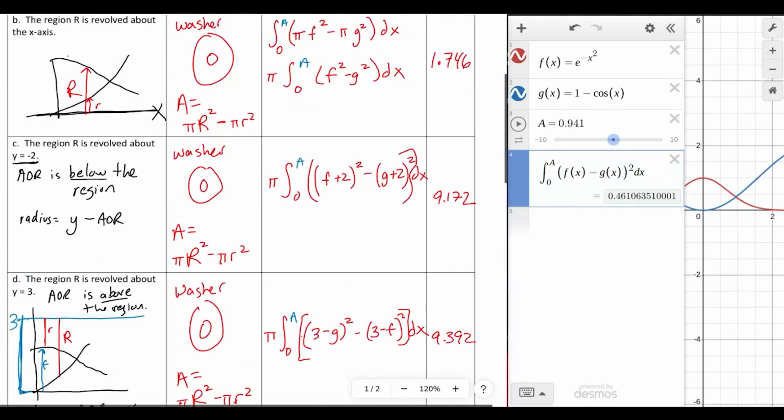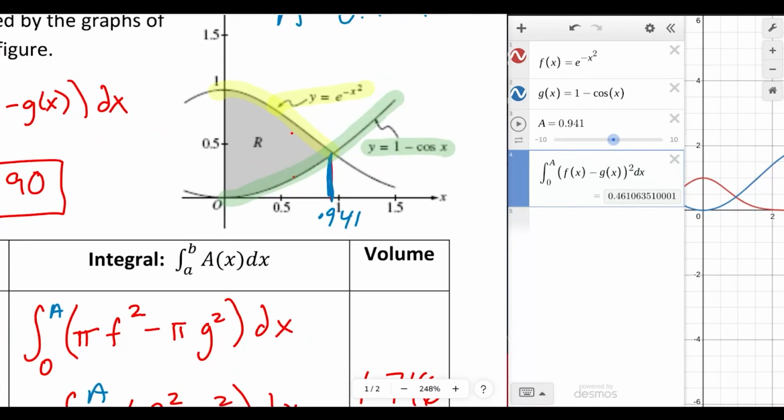In other words, going back up here, if I want the distance between here and here, what I could do is take the distance between the x-axis and f and subtract the distance between the x-axis and g. All right, so this is f, this is g, this is the difference between them.